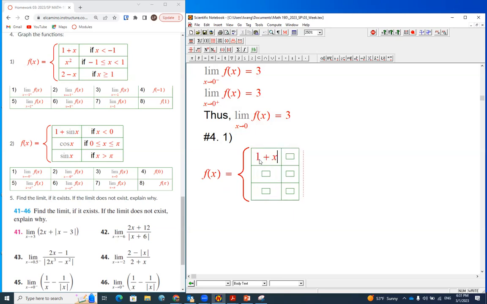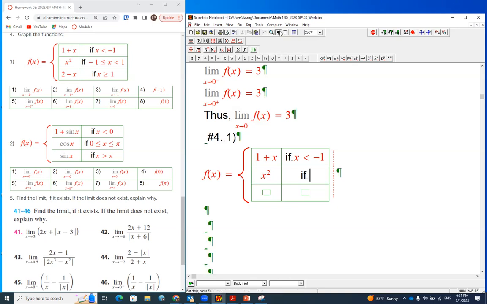So 1 plus x, if x is less than -1; x squared, that's going to be if -1 is less than or equal to x less than 1.